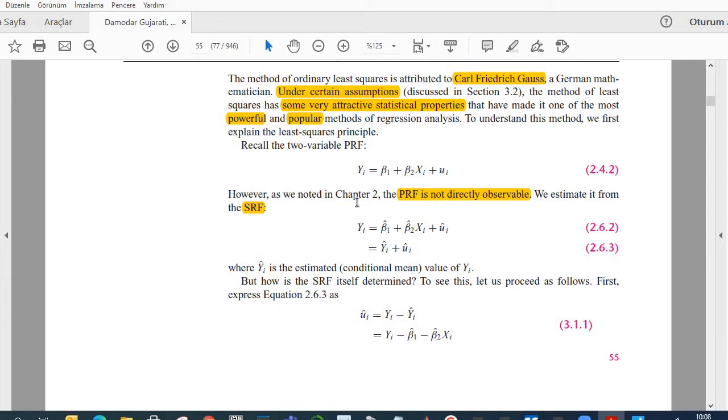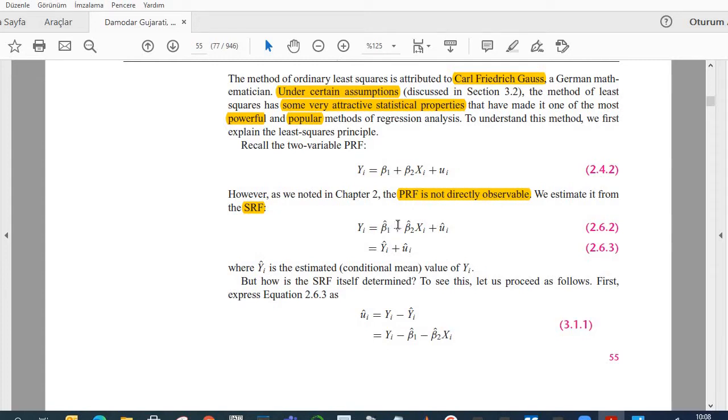So the population regression function is not directly observable. So we have to estimate this population regression function by using a sample regression function. So again, recall from chapter 2 that the sample regression function is yi equals beta 1 hat plus beta 2 hat xi and a residual term or error term.